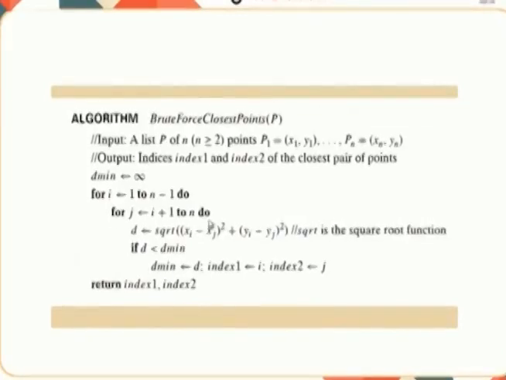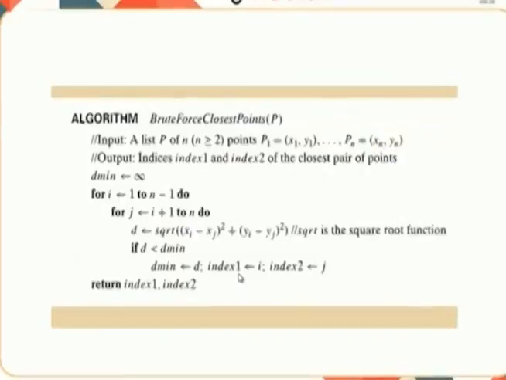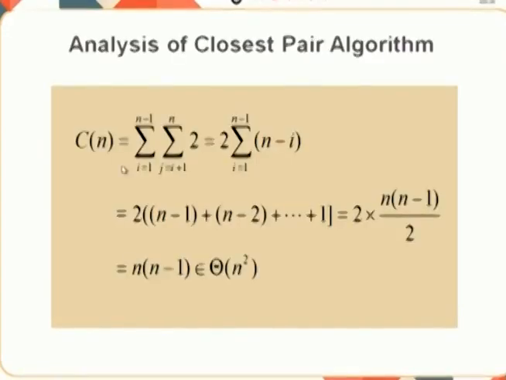This will be repeated in a loop, and when we have considered all the points, we will come out of this loop. What is recorded in index 1 and index 2 are the points for which the distance is minimum. Therefore, we are returning index 1 and index 2. In other words, this is the formal algorithm of the closest pair.